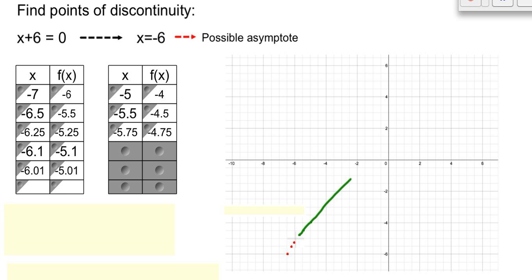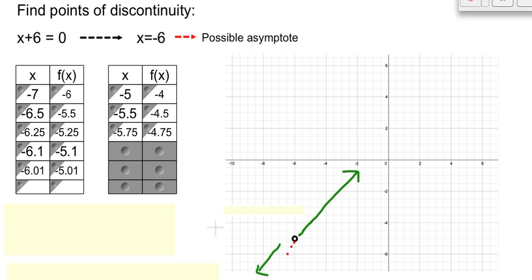So we can draw our line. So this, in fact, is a line. However, there is still this point of discontinuity. Sorry, let me move that. There we go. There it is.